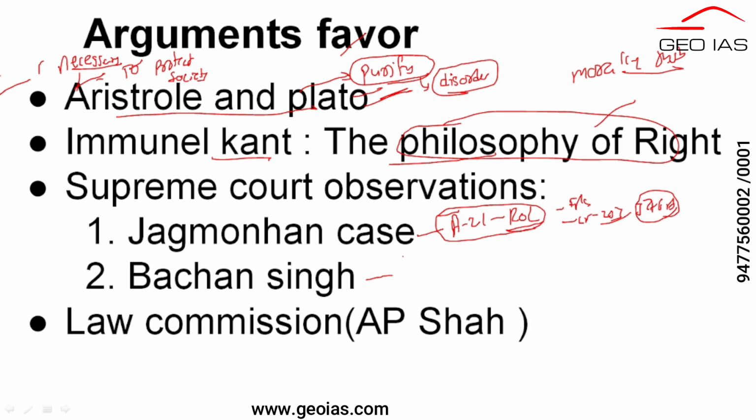However, the Supreme Court passed an important judgment with respect to capital punishment in the year 1980, in Bachan Singh versus State of Punjab.